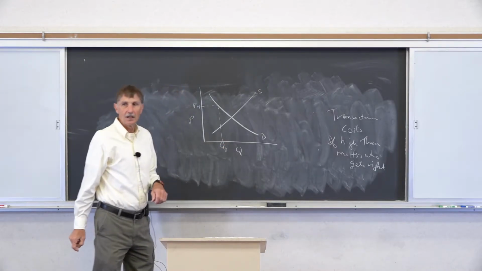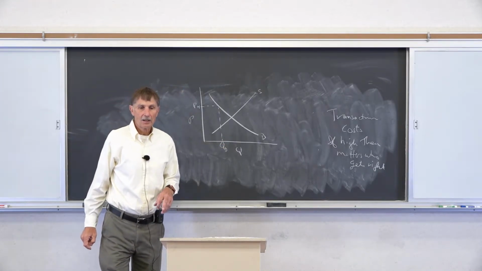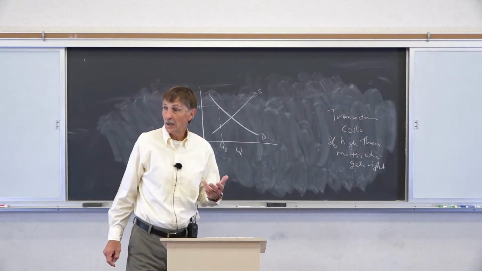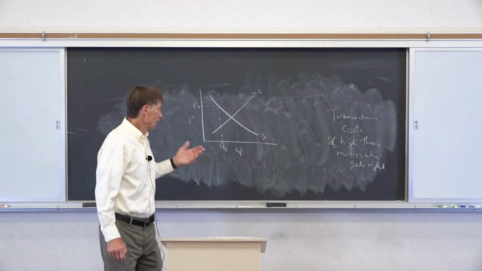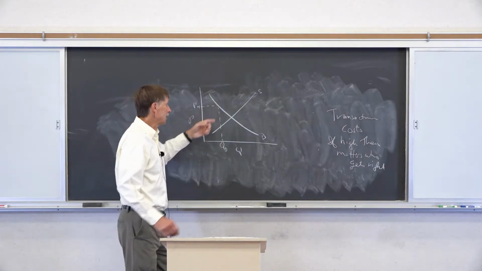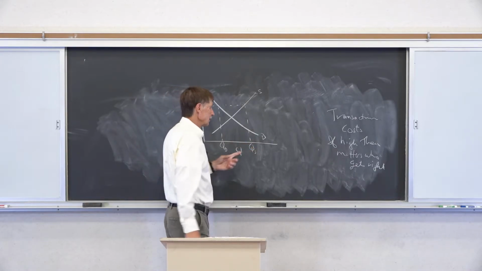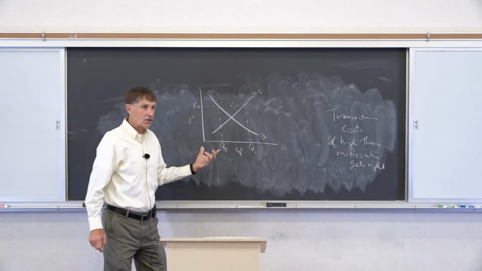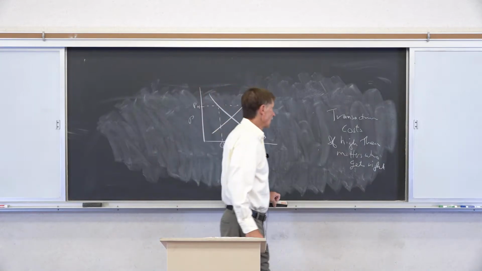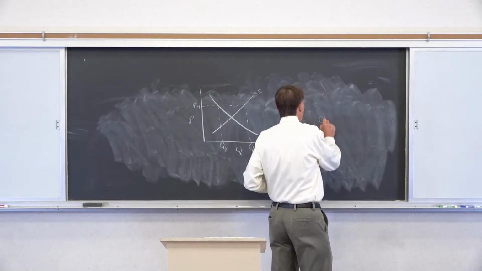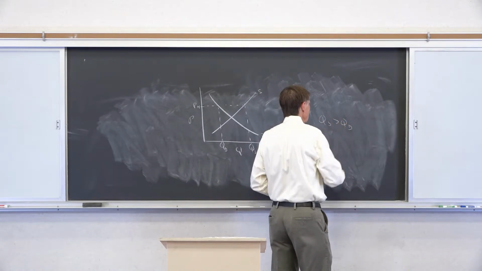the quantity demanded of whatever the good is, let's say it is toilet paper, is going to be here, and the quantity supplied of toilet paper is going to be there. So the quantity supplied is going to be bigger than the quantity demanded.